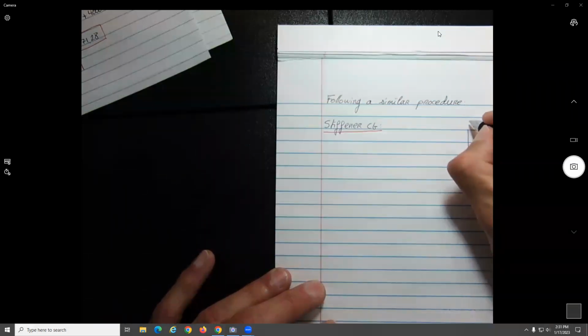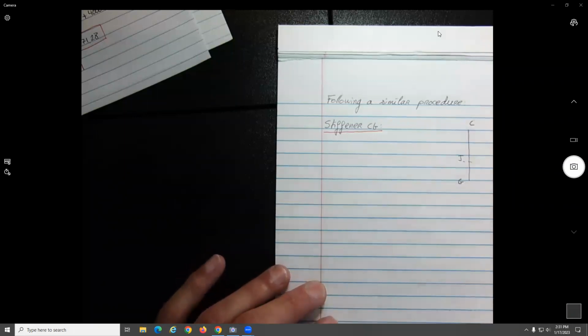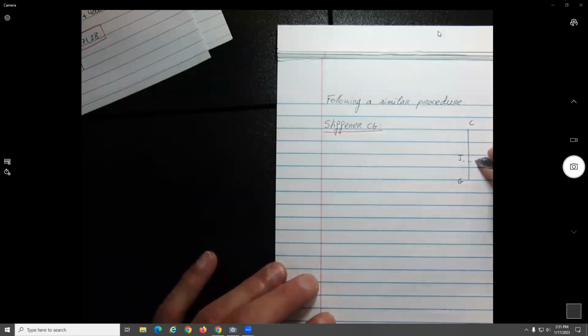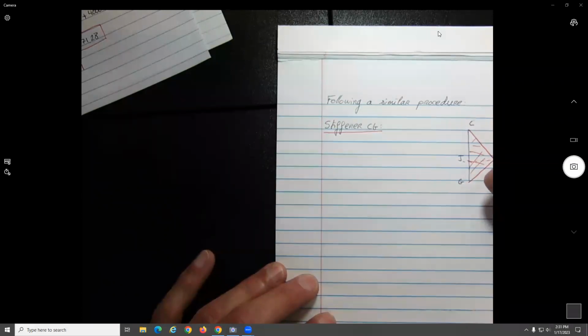So this is a C. Here there is a J. Here is a G. Actually, what you find on this one is that you get to minus 923.1. Here you go back to 0. But since this number is negative, it will be in compression.